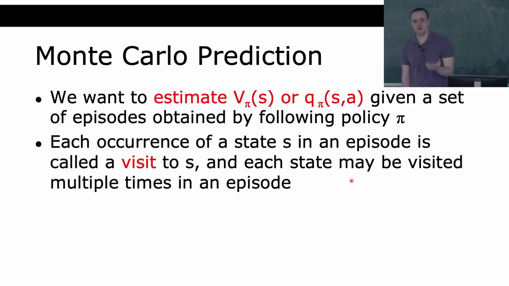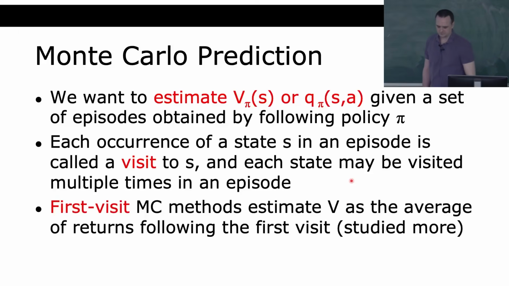But if we're thinking of pathfinding, for example, maybe I went to the left and then I went to the right. So it's very possible in a lot of environments for you to visit the same state more than once, or state action pair more than once in an episode.